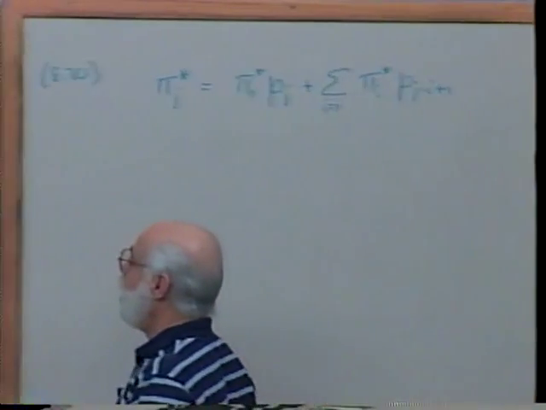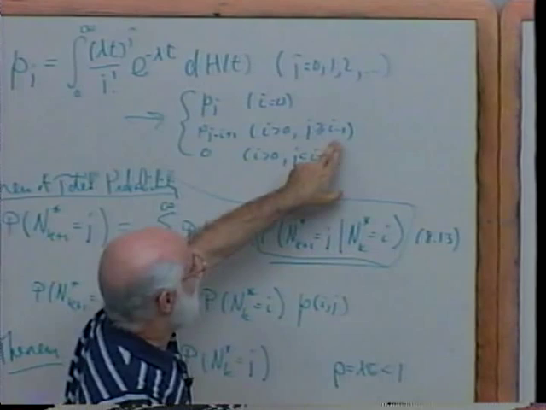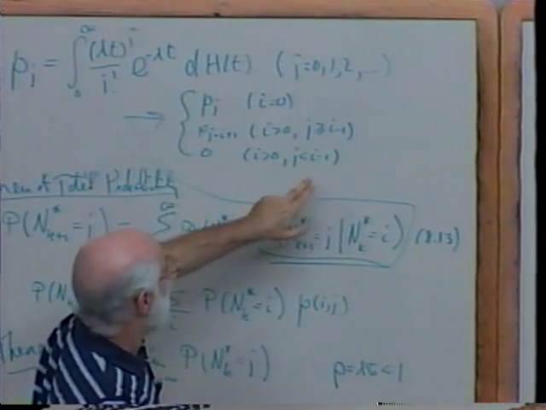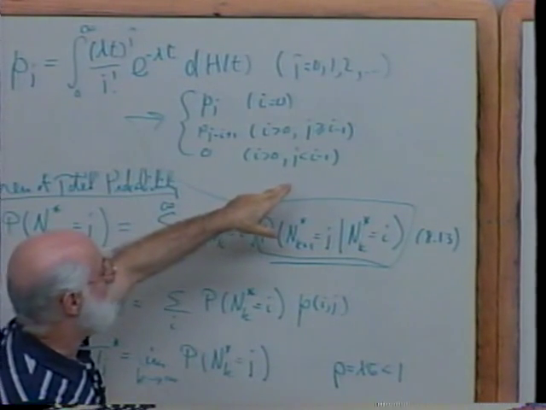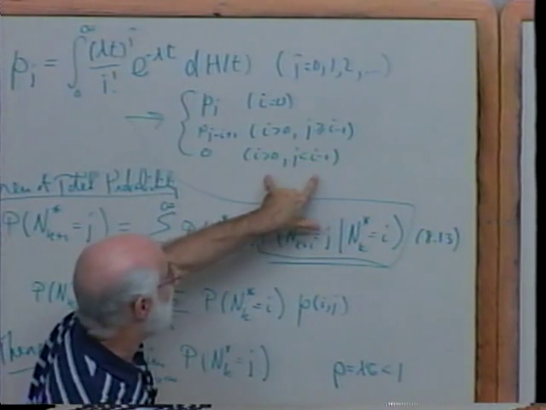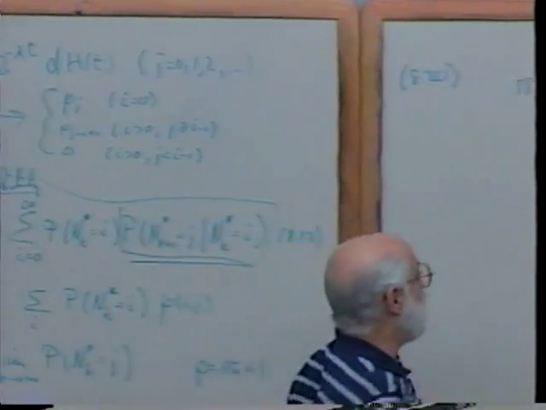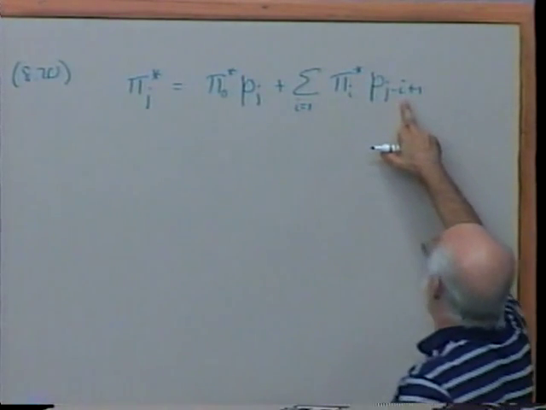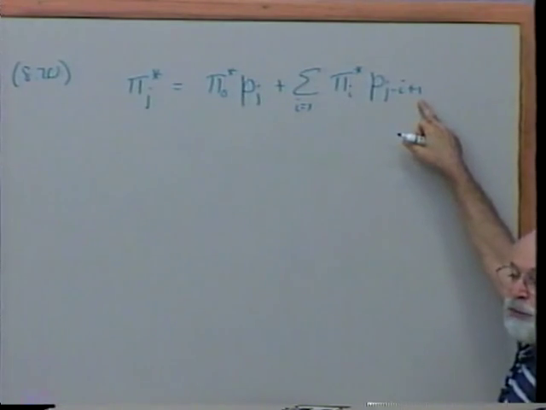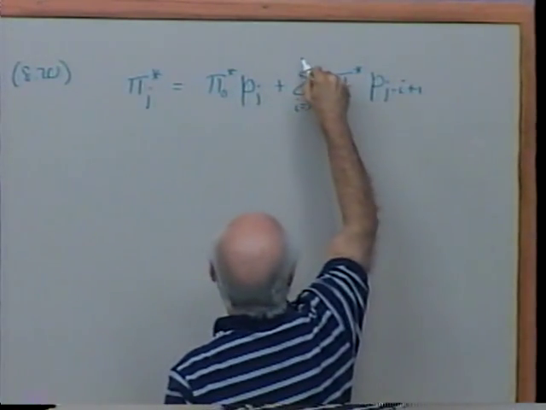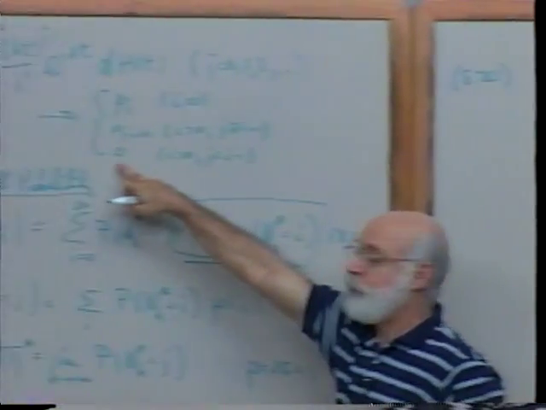But this term appears like this only for j greater than or equal to i minus 1. When i gets large enough that this doesn't apply, these probabilities are replaced by 0. So this sum runs as i runs from 1 until i reaches j plus 1, and that's the last term. After that, all of these transition probabilities are replaced by 0.